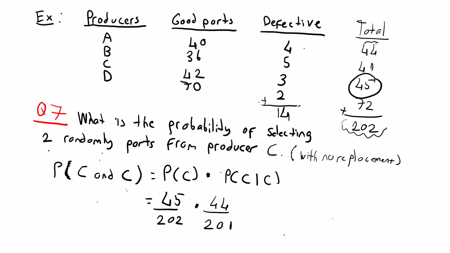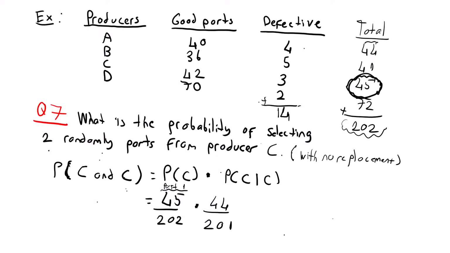Again, I want to repeat this part. So in the beginning, for the first part, this is part number 1. There are 45 items that come from producer C, regardless of the item's condition, regardless of the unit's condition.